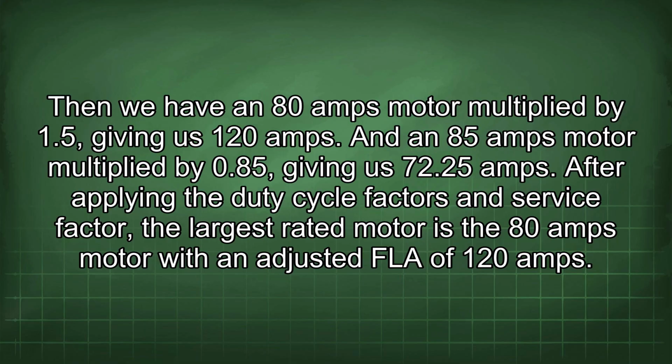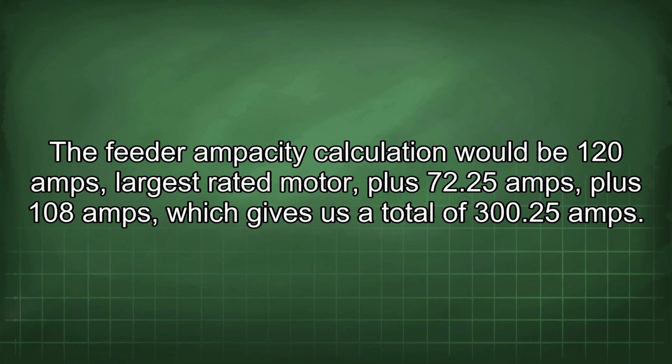After applying the duty cycle factors and service factor, the largest rated motor is the 80 amps motor with an adjusted FLA of 120 amps. The feeder ampacity calculation would be 120 amps, largest rated motor, plus 72.25 amps, plus 108 amps, which gives us a total of 300.25 amps.